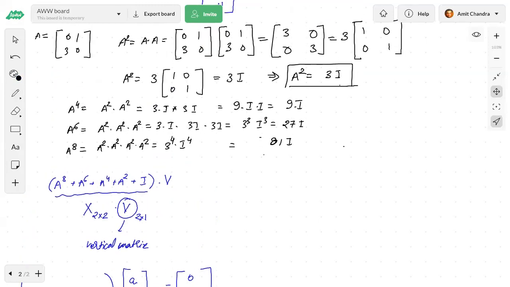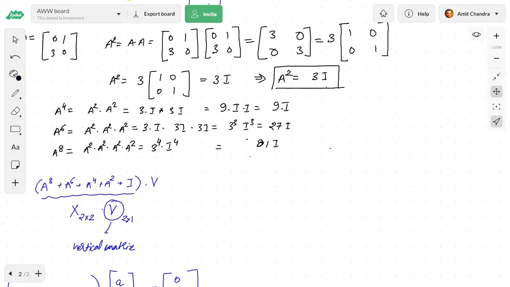This is a square plus a4 plus a6 plus a8. If I add, this is 80 plus 81 plus 9, 90 plus 30, 120, and I, 120 and I will be 121, sorry, it will be 121I into a matrix V. This should give you 0 and 11.